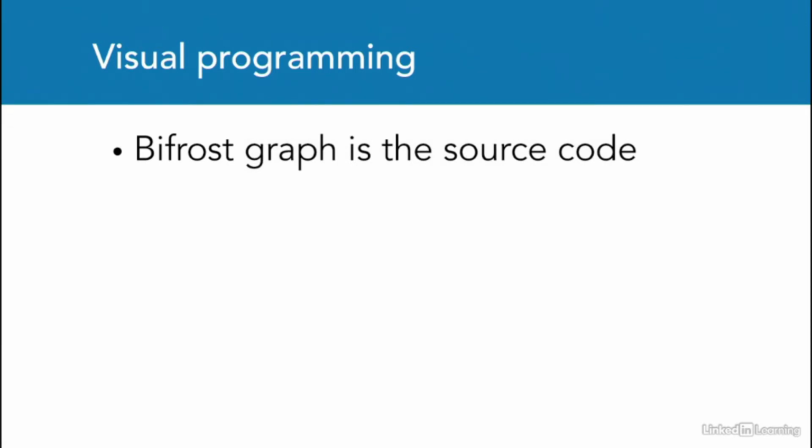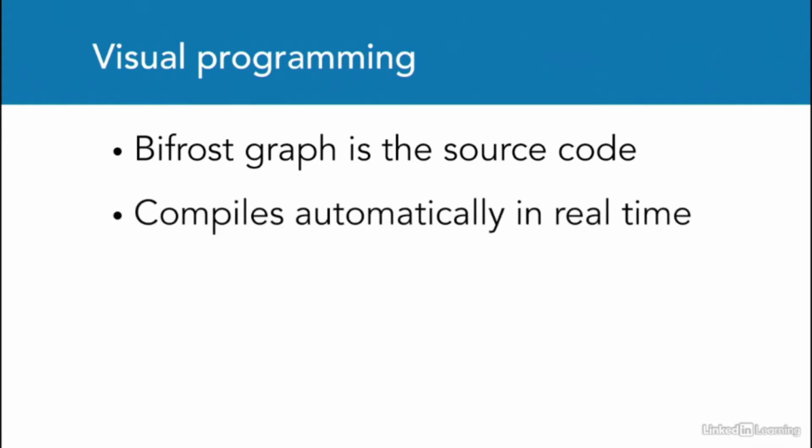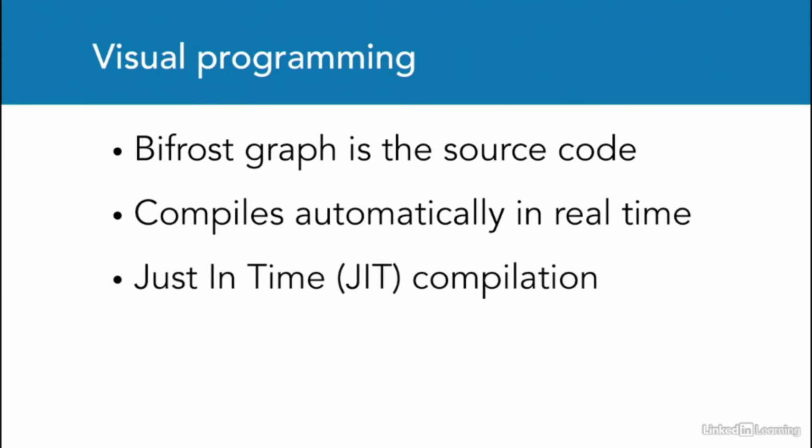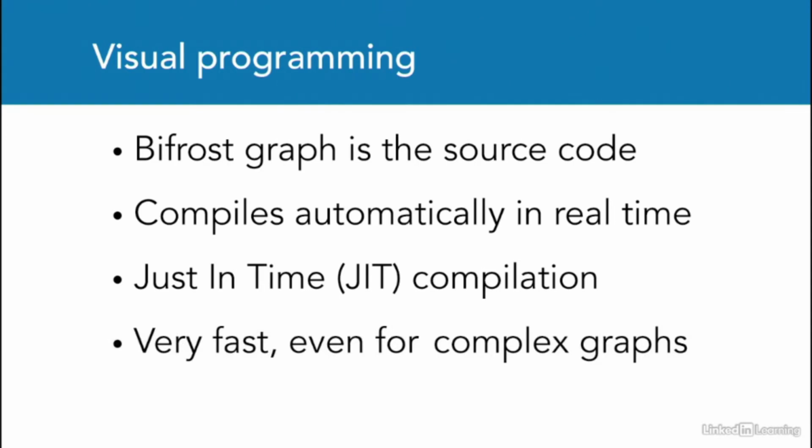The graph is our source code. And we don't need to worry about compiling that code to machine language. That's all automatic and happens in real time. And that's called just-in-time compilation, or JIT. It's super fast, and in most cases you won't even know it's happening. Even the heaviest, most complex graphs will compile in a matter of seconds.